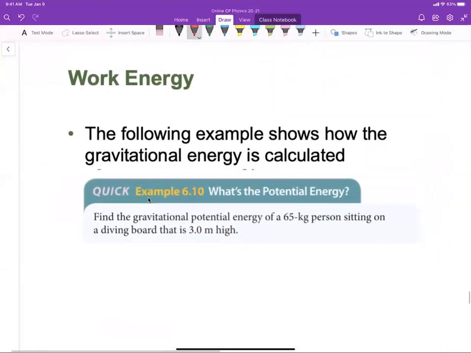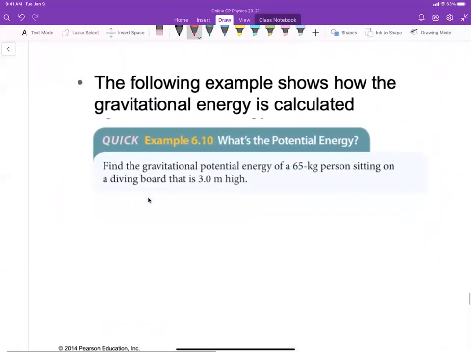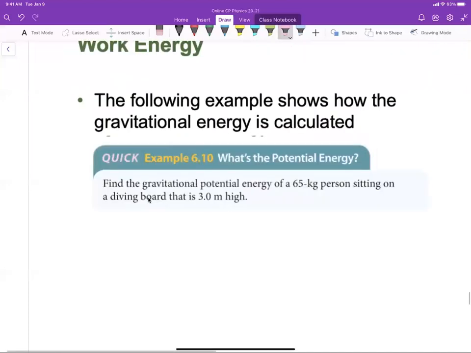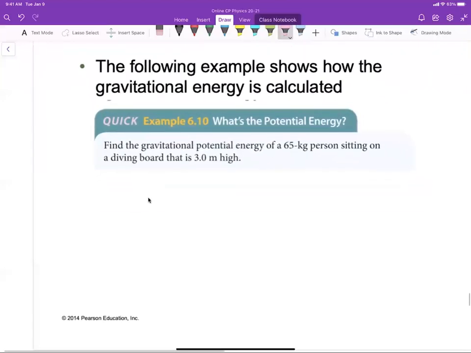Okay, so let's actually work a problem on how to calculate the gravitational energy that is generated or is there. Basically the example is: find the gravitational potential energy of a 65 kilogram person sitting on a diving board. So here is a picture. We have a sketch.